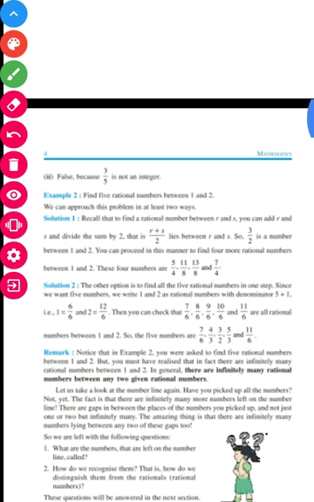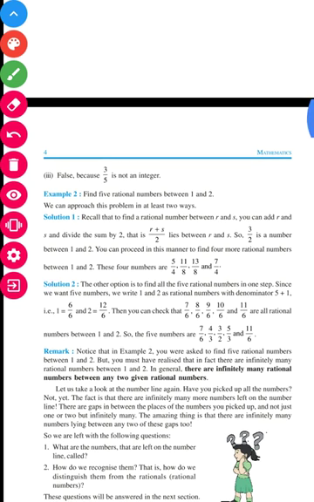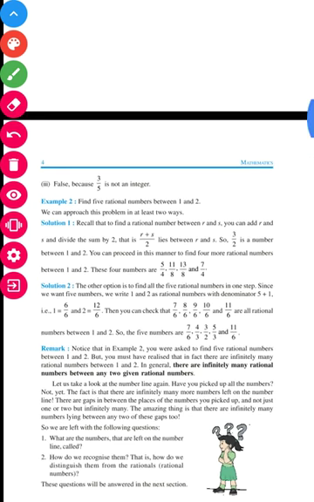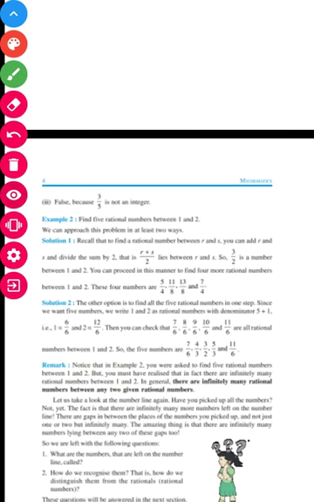Now let's begin with our second example. Here we have to find 5 rational numbers between 1 and 2. There are 2 ways to do this. Let me tell you. In the first way, you can add r plus s over 2. We have to find a rational number between 1 and 2.